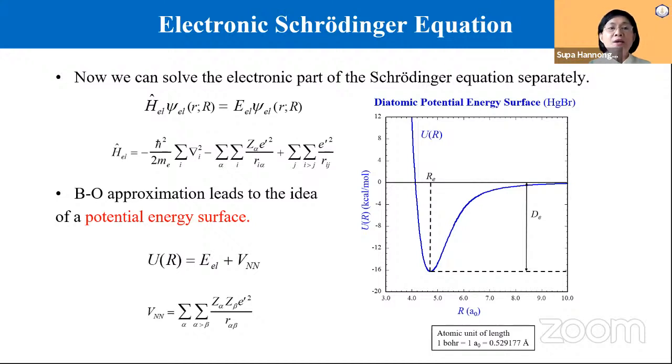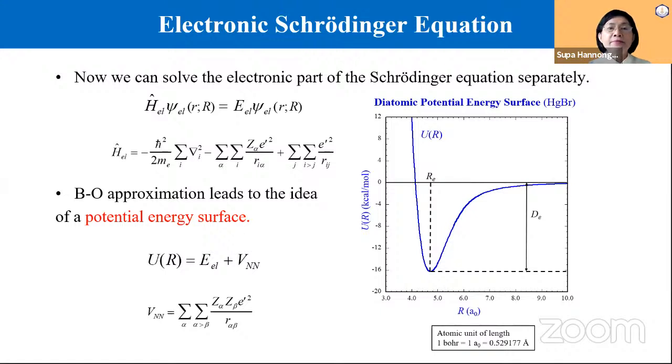Based on this, we introduce the Hamiltonian operator that depends on the electronic part. So you can see that this is the very famous electronic Hamiltonian operator.